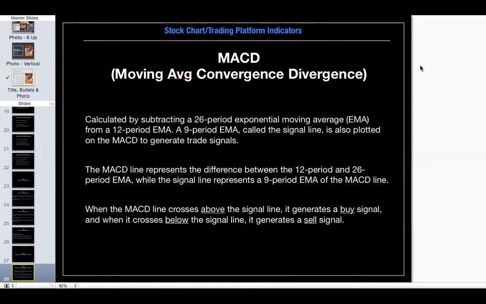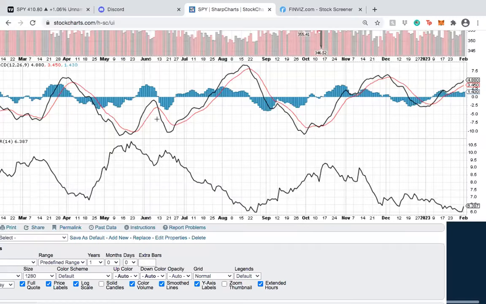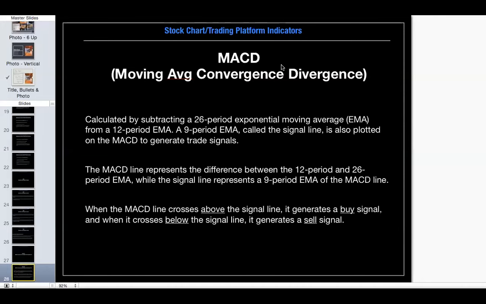And what this does is that it generates the trade signals, right? So the MACD line represents the difference between the 12-period and the 26-period EMA, the 12 EMA, the 26 EMA, while the signal line represents the 9 EMA of the MACD line, right? So when the MACD line crosses above the signal line, here, here, here, the black line is crossing over the red line, it generates a buy signal.